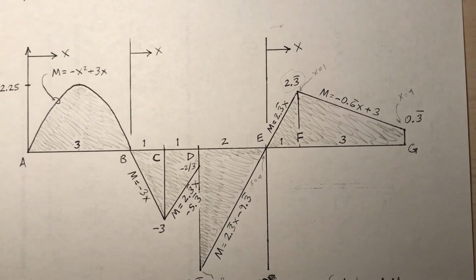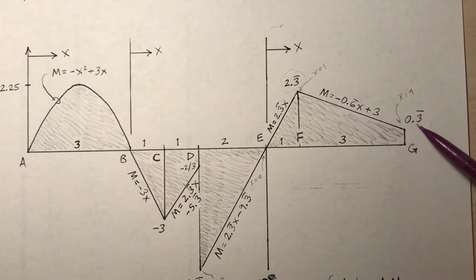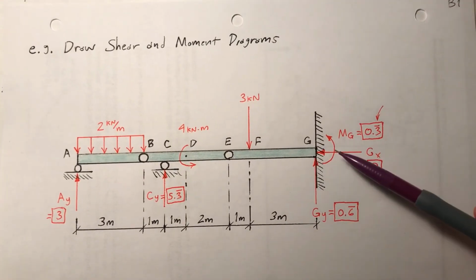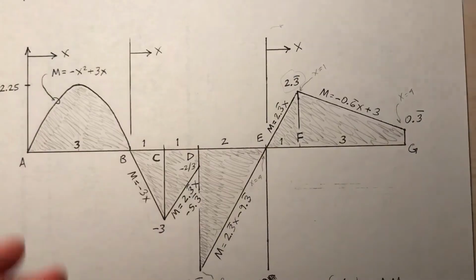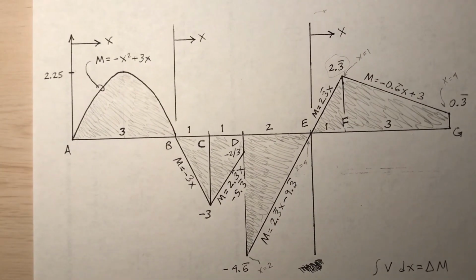I'm 4 meters to the right of point E. So stick a 4 in there. Negative 2/3 times 4 plus 3, is that 1/3? 0.3 with a line above it. That seems to be consistent with what my moment reaction at G was. See that? 1/3. So that's what I see here. How does this look? Everything seems to be good.